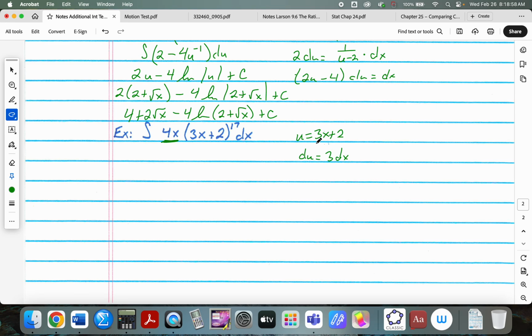So I'm going to solve this 4x. I'll subtract 2 and divide by 3, so it'll be u minus 2 over 3 is equal to x.